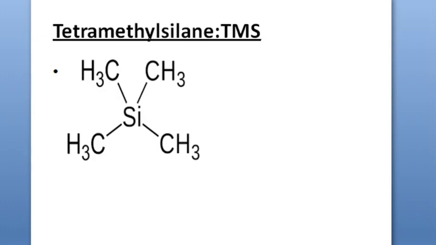Whatever compound that we are trying to elucidate can be easily extracted back, because it won't interact with that compound owing to its inertness. Inertness means it doesn't react or interfere with our compound. Hence it is easily volatile and not interacting with the compound, so it can be used as a reference. And it is highly soluble also, easily miscible with organic solvents.